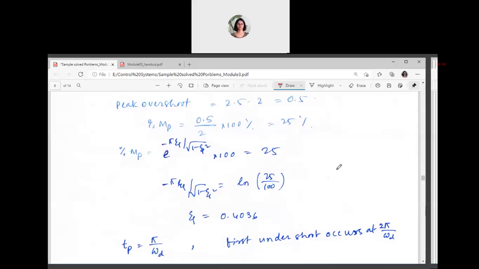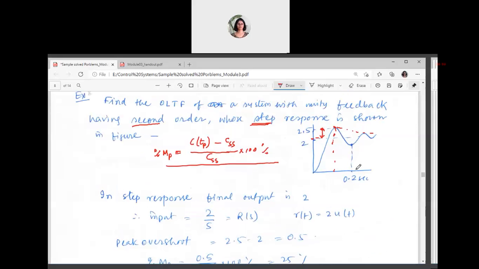Now once we know zeta, there is one more thing required, omega n. There is one more piece of information given. Here it is the peak and here it is the undershoot, the minimum value. The peak time Tp, I write as pi by omega d. The first undershoot time I write as 2 pi by omega d.